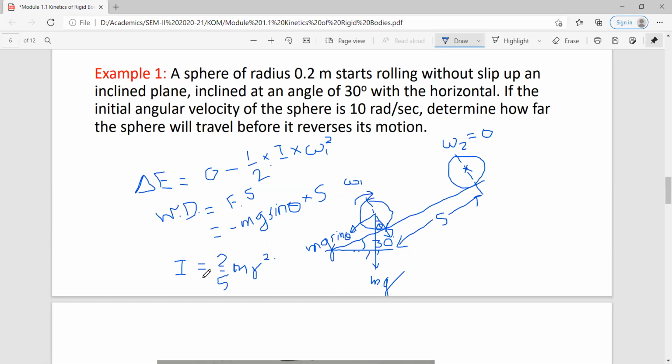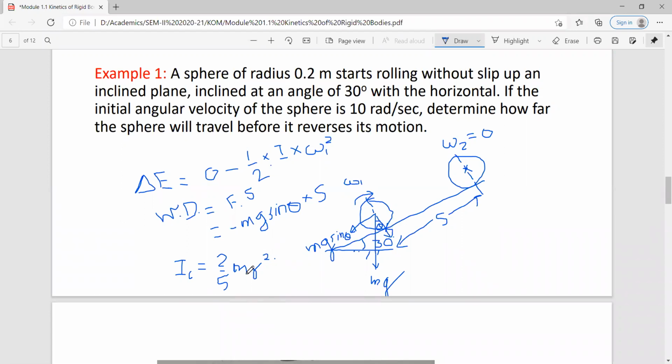Say this is the IC. IC means the mass moment of inertia about the axis which is passing through the centroid. But what we want is the mass moment of inertia about the turning point here, the axis which is passing through the point of contact.